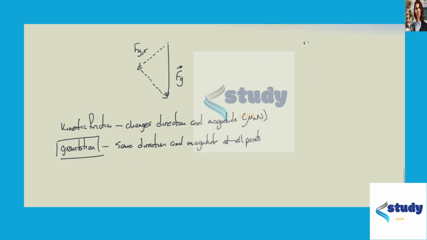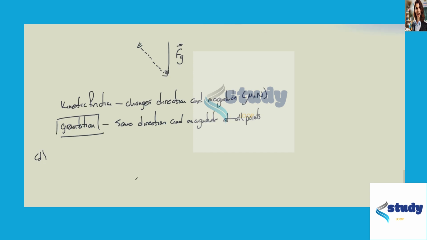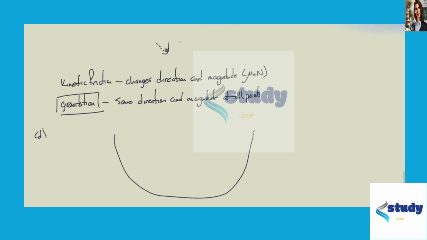Everybody else changes. Now let's do specifically this type of work for the point B. Okay. So we have the normal force, I call it NB. We have the weight, mg.